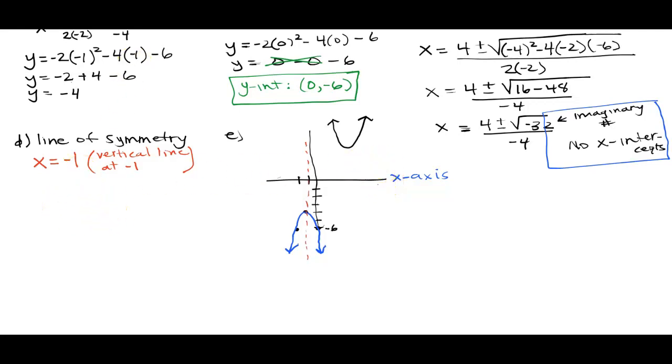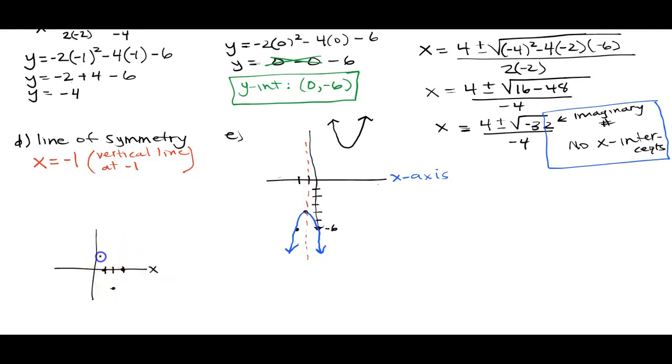And when they don't cross the x-axis, what does that mean? So if I have something like this, let's say I have a graph like this, and this is 1, 2, and 3 on my x.